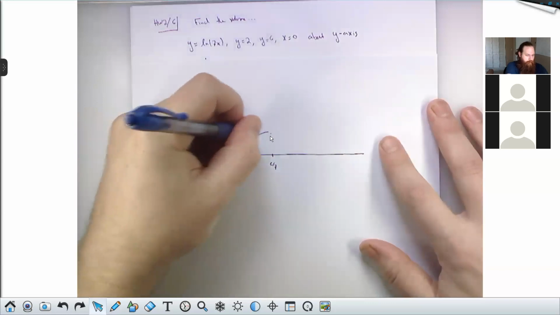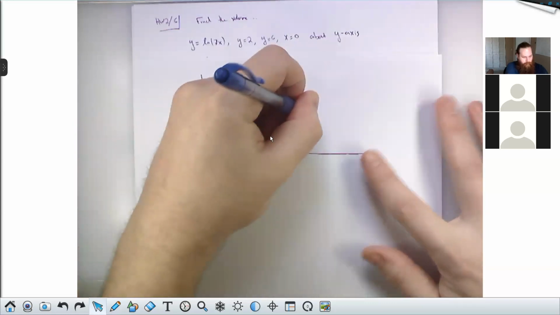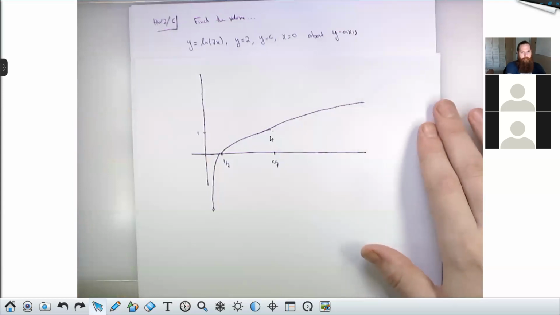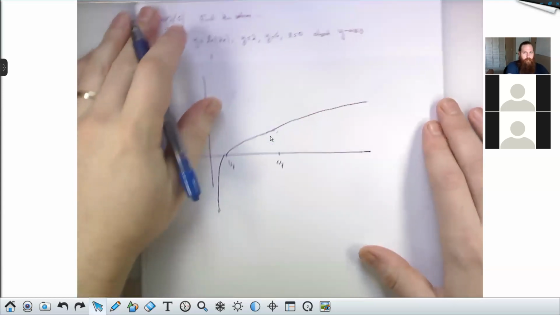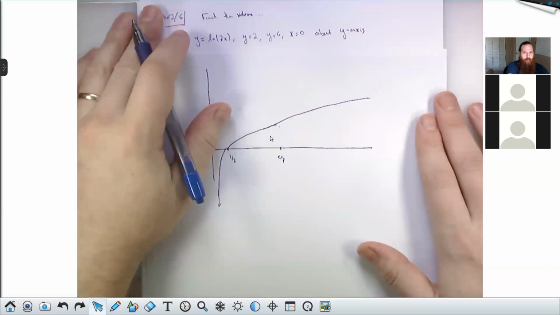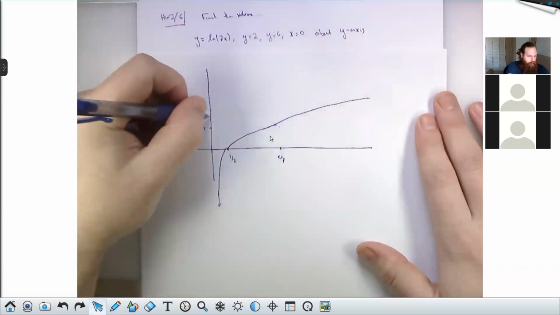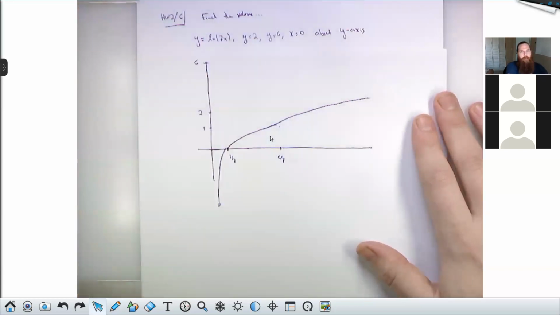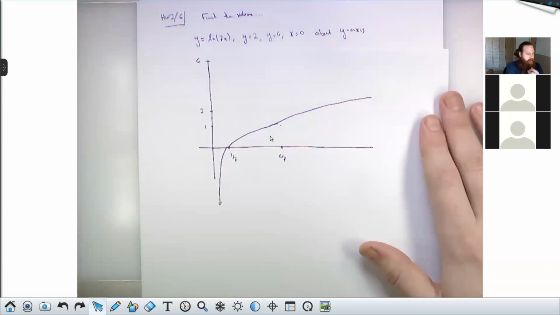This thing continues to grow, although slowly, looking something like this. The lines y equals 2 and y equals 6. So I'll say 2 is like here. 6 would be way up here. x equals 0. Yeah, still not enough space. So this is a little bit awkward.